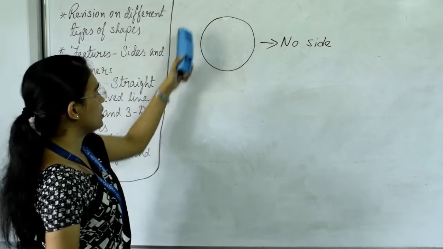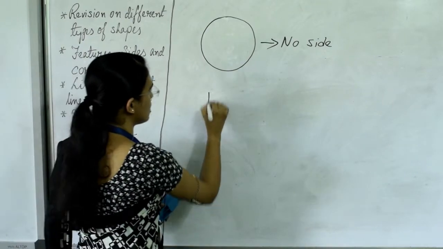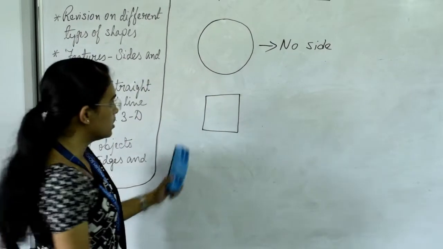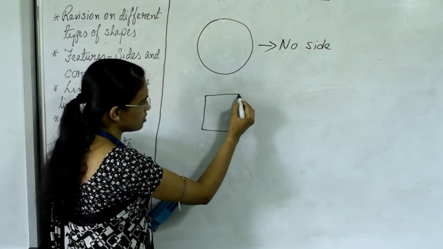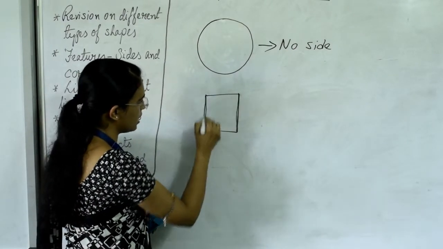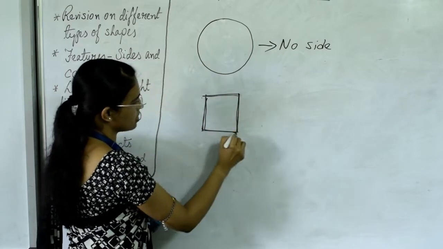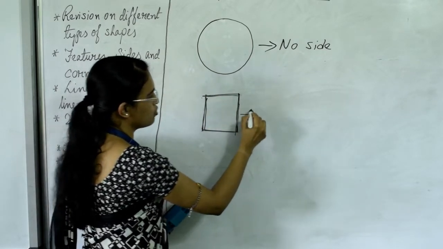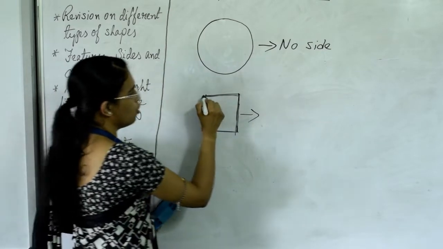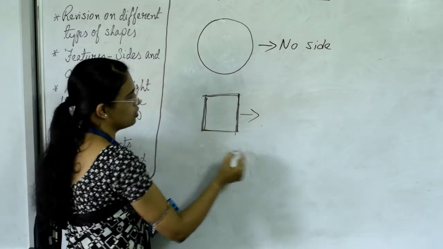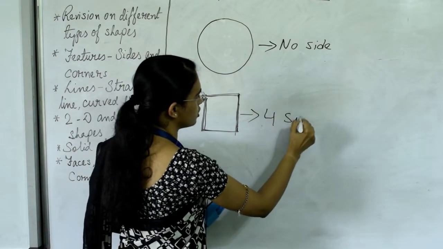And if there is any corner, suppose I have drawn a square. This is a square, right? Sides means this part. These lines are called sides. So how many sides does a square have? 1, 2, 3, 4. So square has 4 sides.